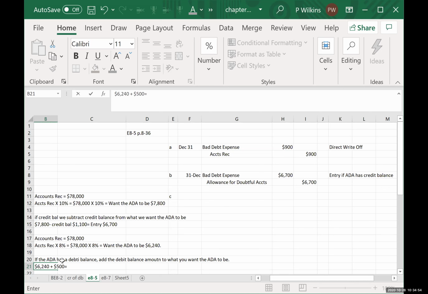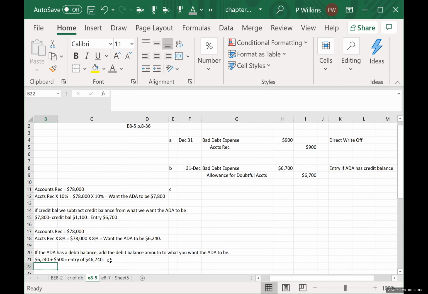So that is going to give us an entry of 6740. So 6740 is what we want our entry to be.